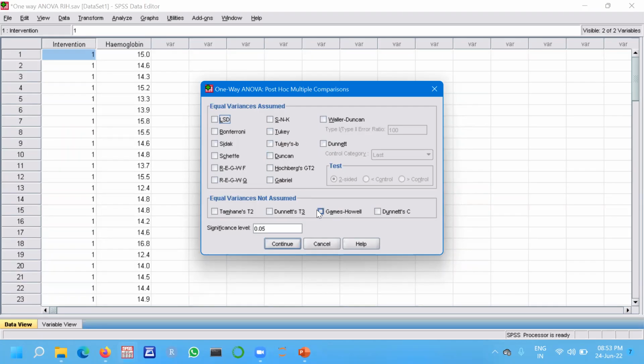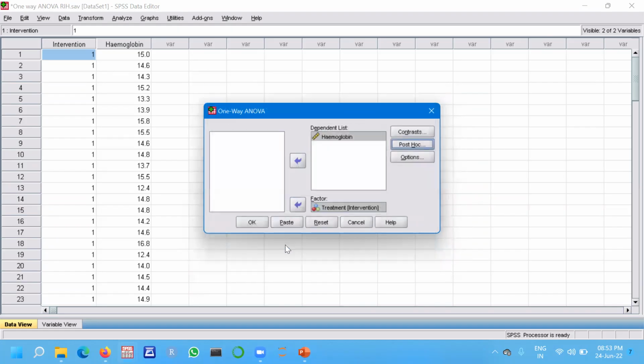Here I am taking only Tukey, and also Bonferroni. I am comparing both. But usually I take Tukey. Continue.